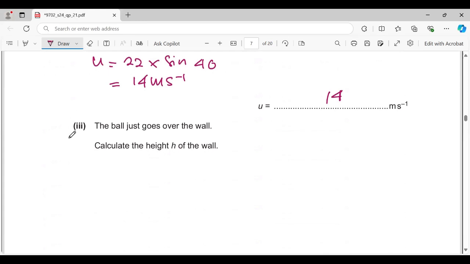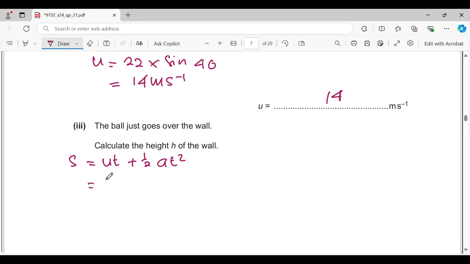You can use the displacement formula: s equals ut plus half at squared.